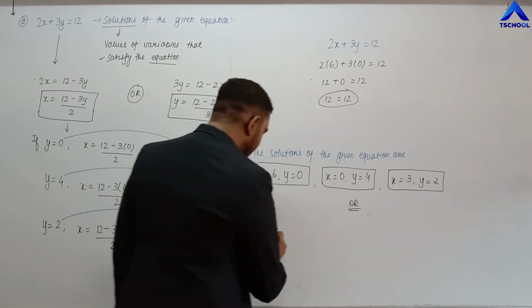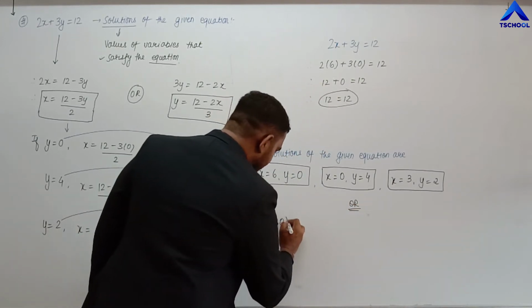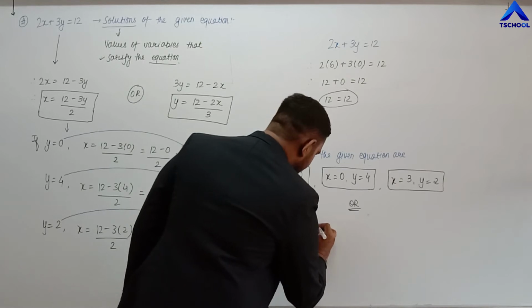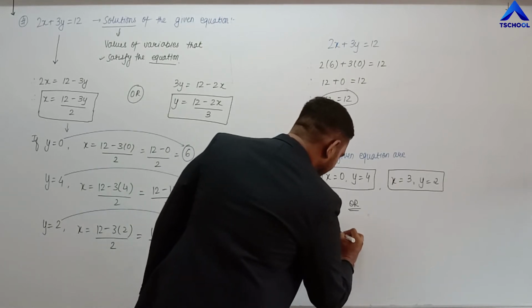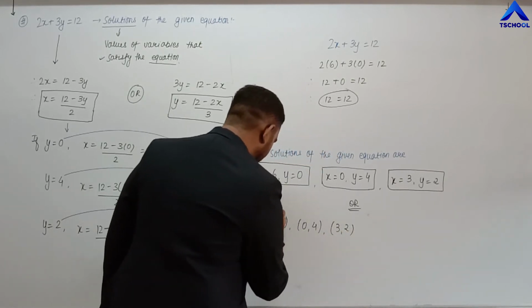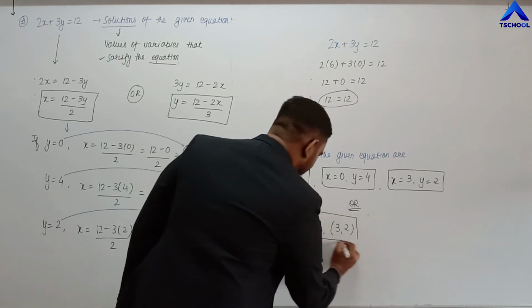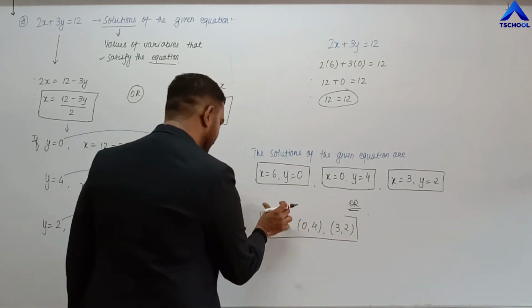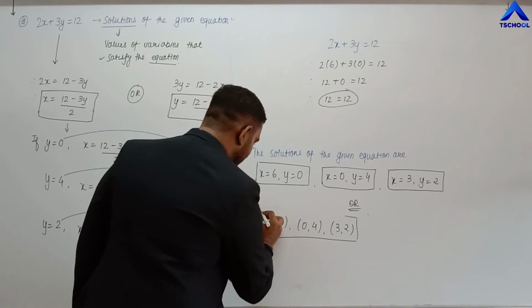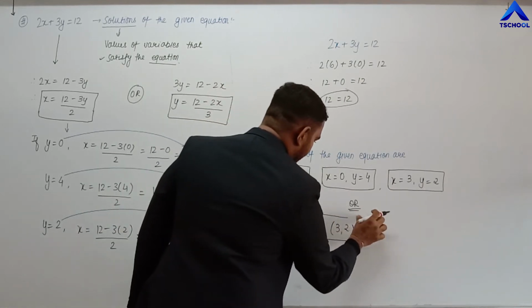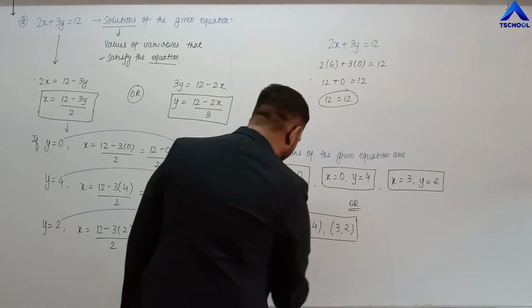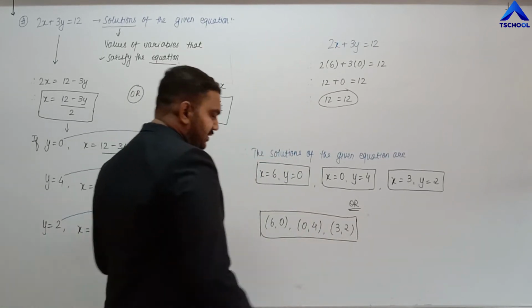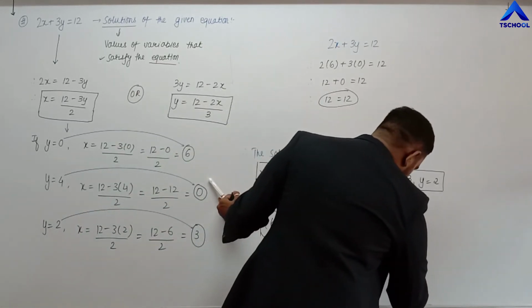Or you can also write it like 6 comma 0, 0 comma 4, 3 comma 2. This is known as the ordered pair. The ordered pair of points or solution, right?